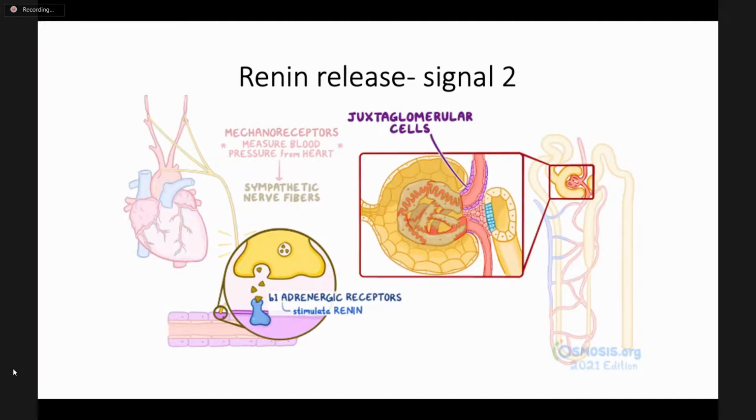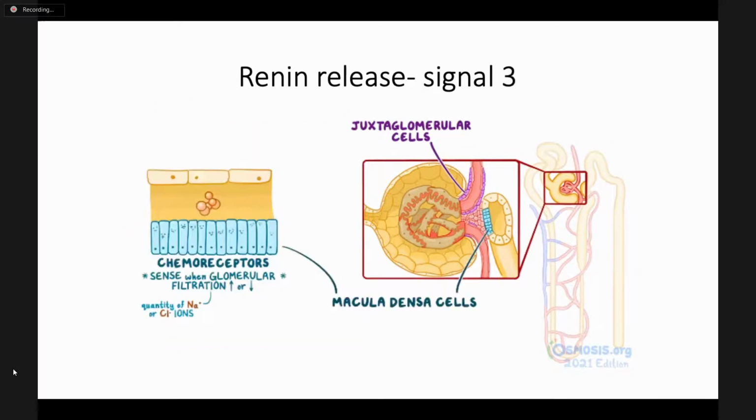Okay, this is number 2. How do you promote renin release? Number 3, by the chemoreceptor from the macula densa cell here, at the distal convoluted tubule. It senses when glomerular filtration increases or decreases; it detects the quantity of sodium and chloride ions.